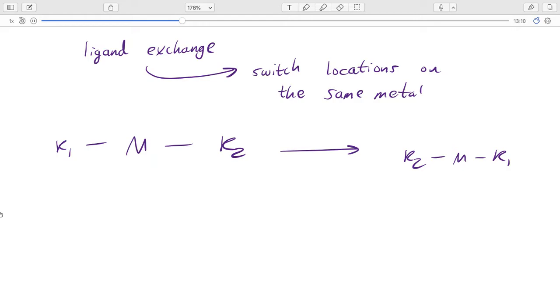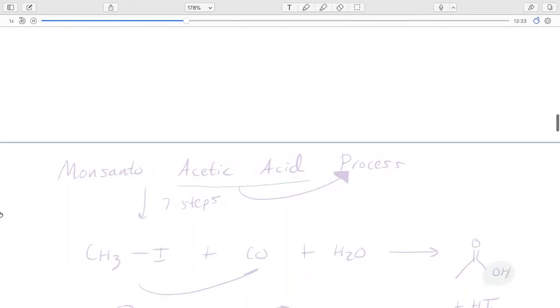Make sense? And ligand exchange is just moving around what's attached. So really all these other things up here could be considered ligand exchanges, because we're replacing A and B with a pair of electrons. Alright, gone over that a good amount.